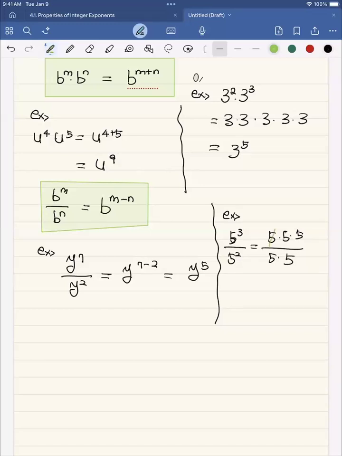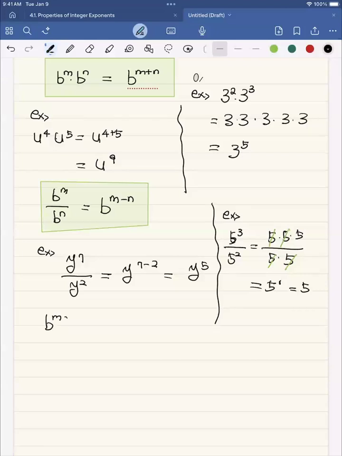And the same numbers in the numerator and denominator will cancel each other. Then that is 5. Indeed, 5 is 5 to the first power, so that is 5. What does it mean? We subtract 2 from 3 in the exponent.